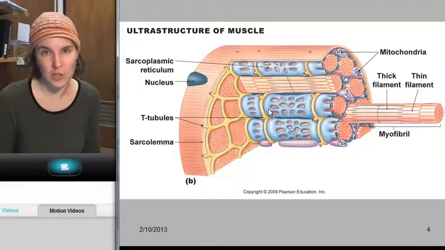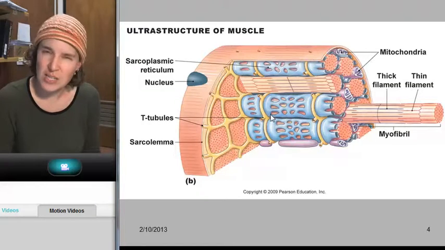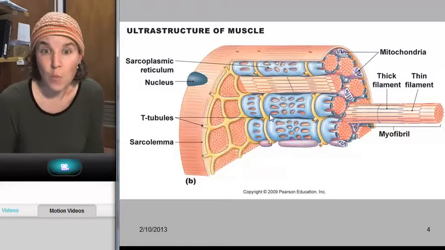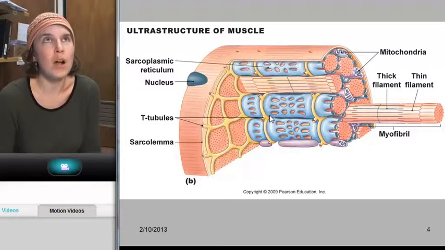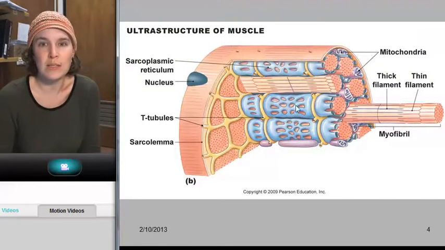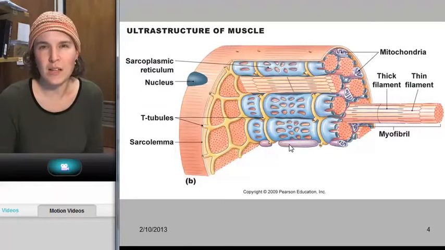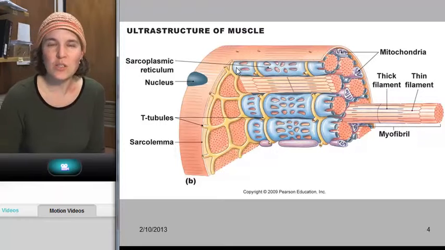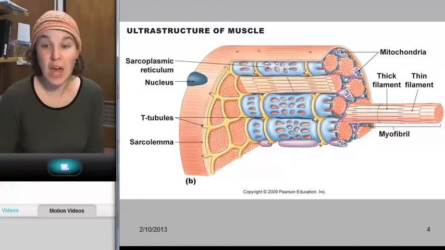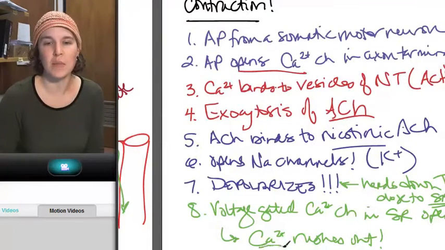Voltage-gated calcium channels that are just chilling in the membrane of the sarcoplasmic reticulum are stimulated, and they open. And where does calcium go? It rocks into the cytoplasm, into the sarcoplasm of our muscle cell. Does that make sense? So we are now flooded with calcium. Calcium rushes out.